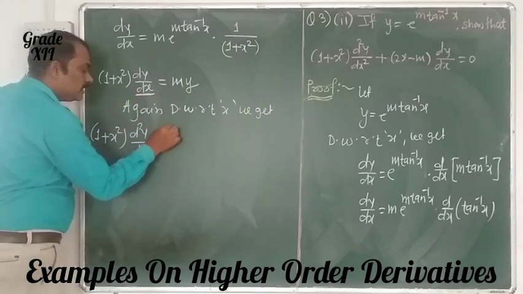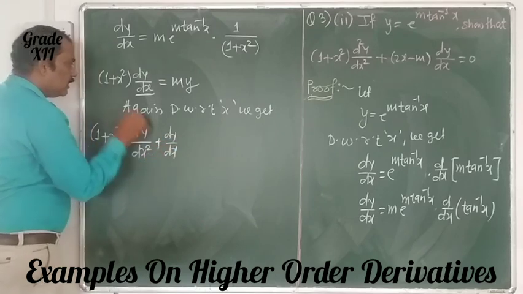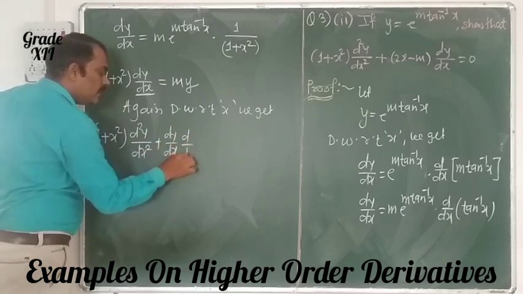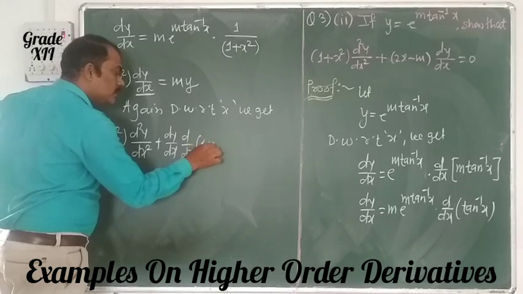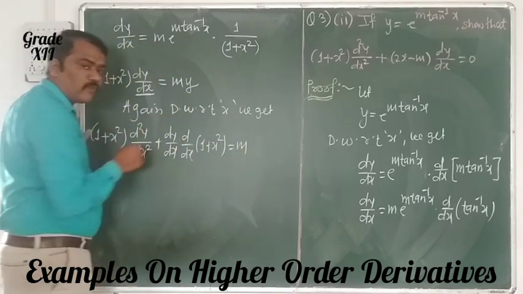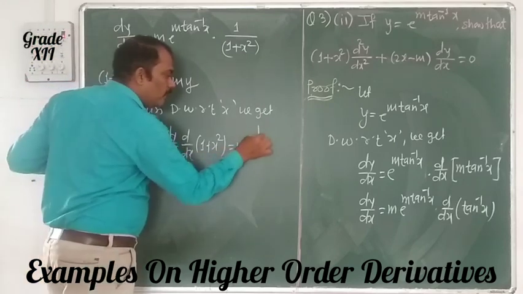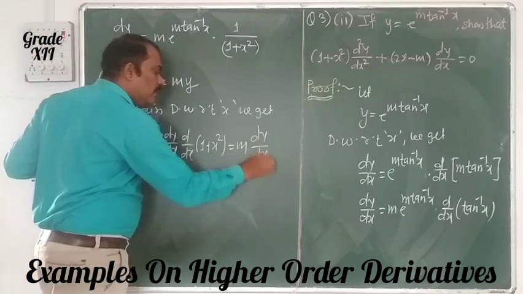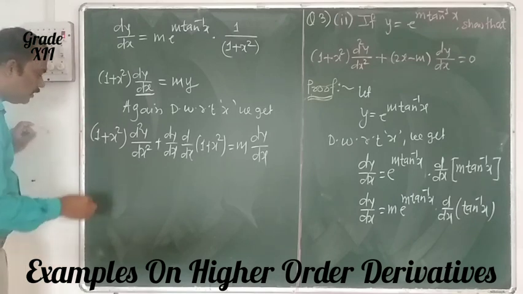Second one as it is, that is dy by dx as it is, into the derivative of the first, that is d dx of 1 plus x square. On the right side, m into, what is the derivative of y with respect to x? dy by dx.